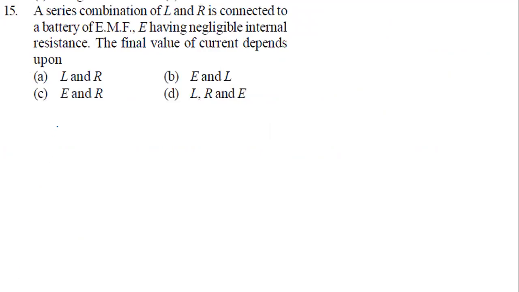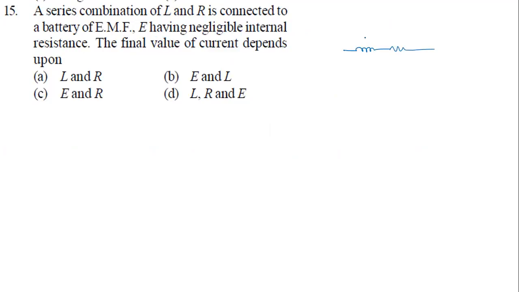Okay. Look at the next question now. A series combination of L and R is connected to a battery of EMF E having negligible internal resistance. The final value of current depends on what? Now we have an inductor and a resistor, these two connected to a battery in series combination.